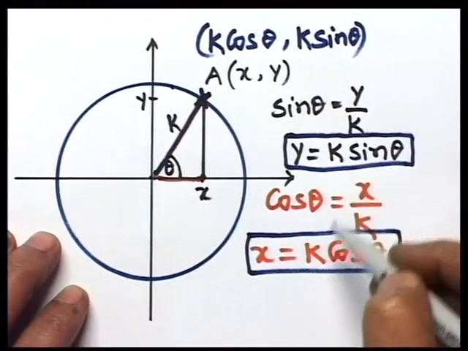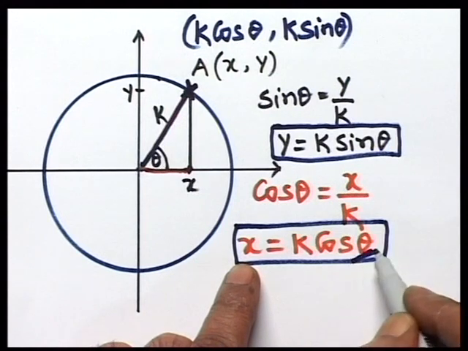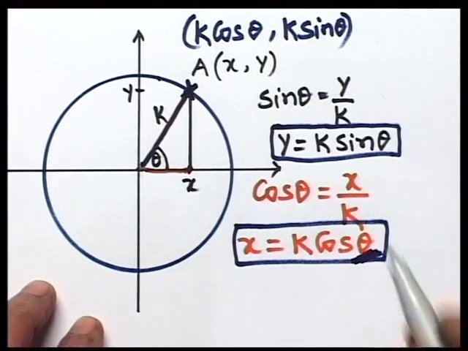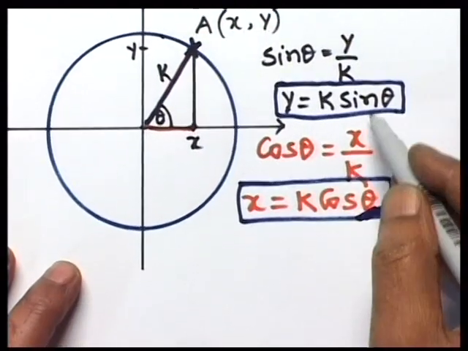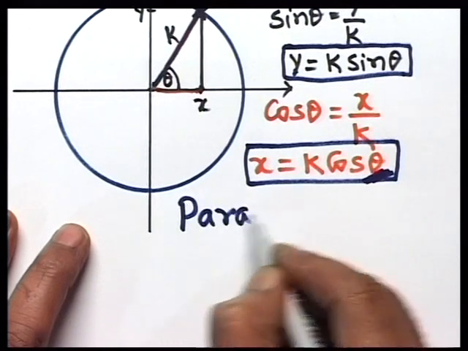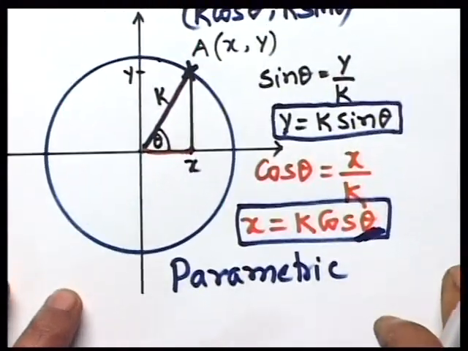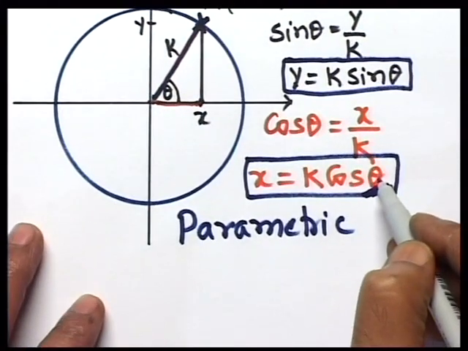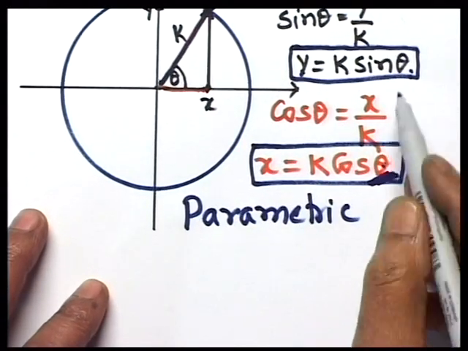So in these two equations, x is expressed in a third letter as a function of theta, and y is also expressed as a function of theta. These two equations are called parametric equations. That's all it is, parametric equations. Okay, so x and y are two variables; the third one is theta.